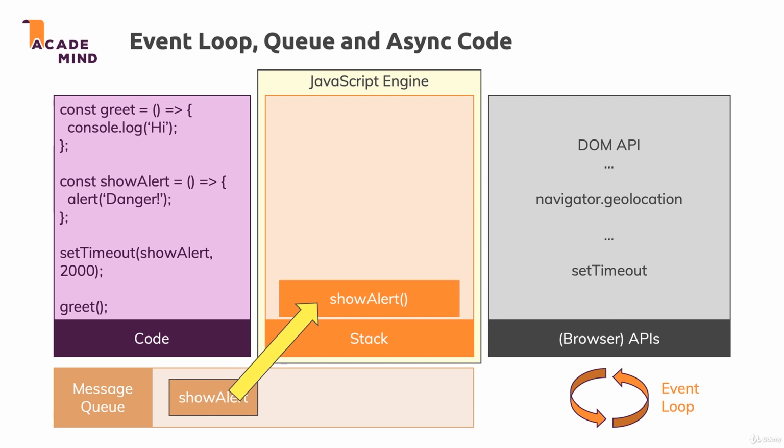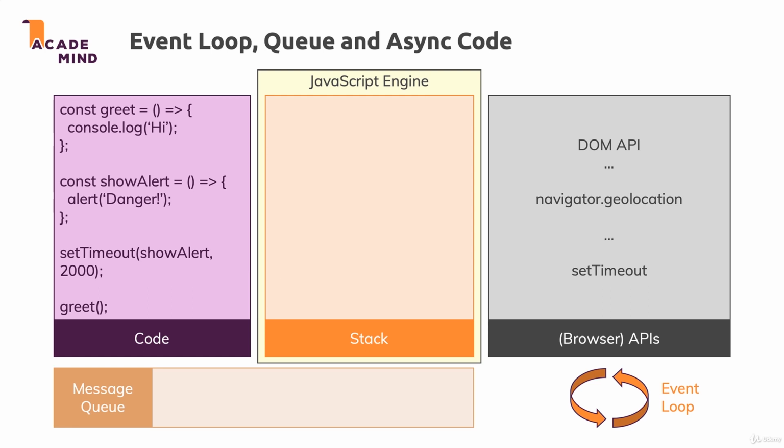So the event loop waits until the call stack is empty, and once that is the case, it moves our message or the callback function we registered earlier as a function that is now actively executed into our call stack. So the message queue is now empty, and now this function runs in our JavaScript code. So here show alert runs, this calls the built-in alert function here, as you can see on the left. Once this is done, the call stack is empty again.